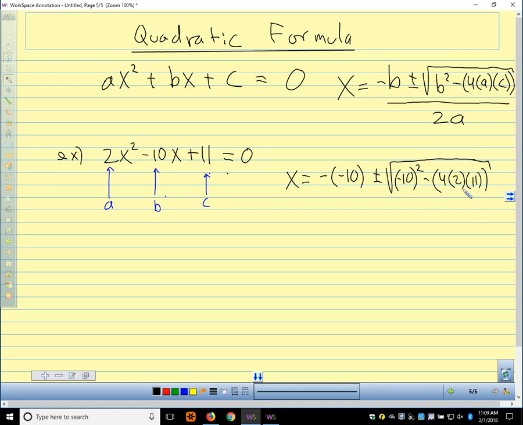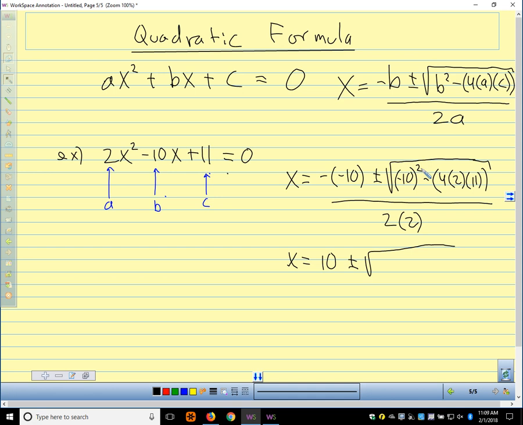This is all multiplication here, and we're going to divide that all by 2 times 2. So I wrote this out exactly like this, just to show exactly how it goes into the formula. So we get x equals, well, negative 10 is positive 10, plus or minus negative 10 squared.